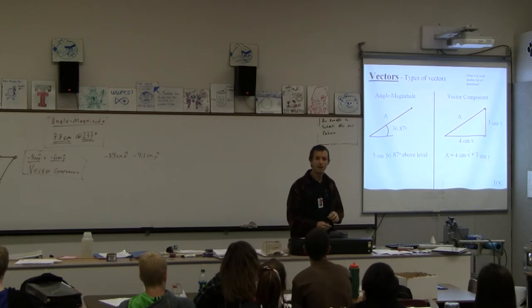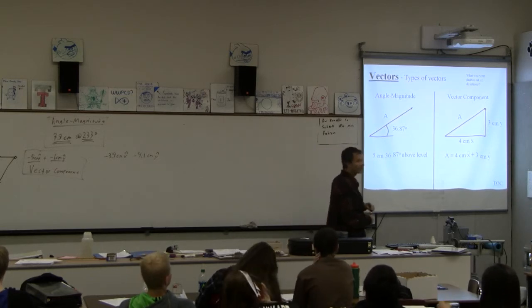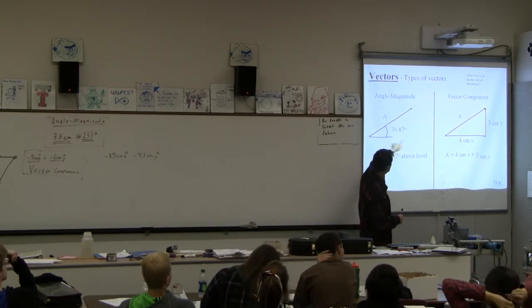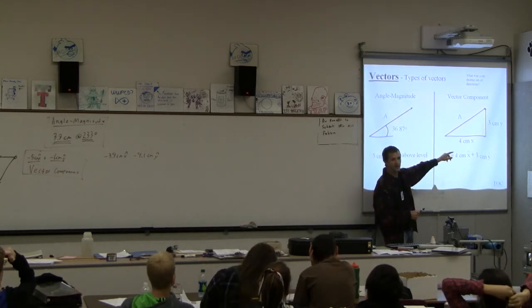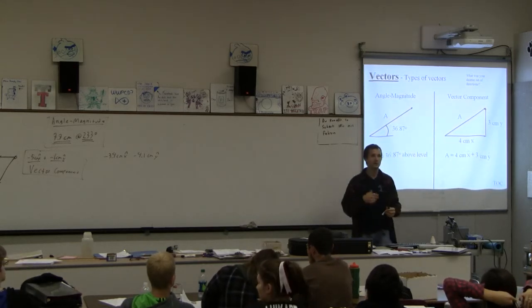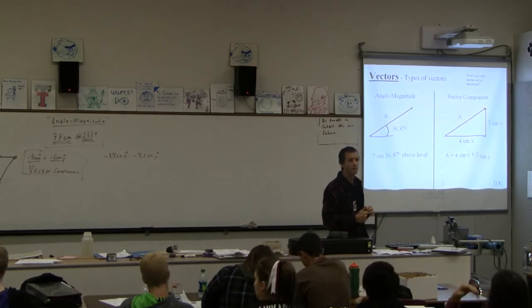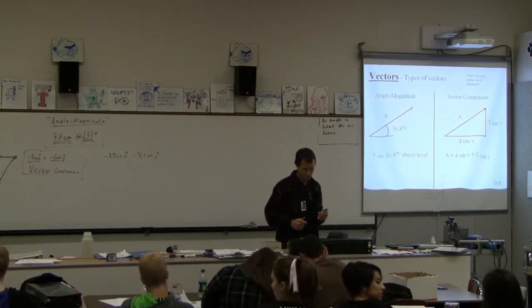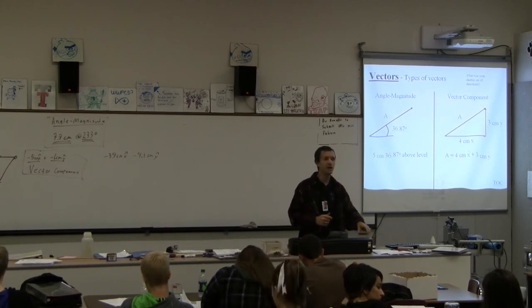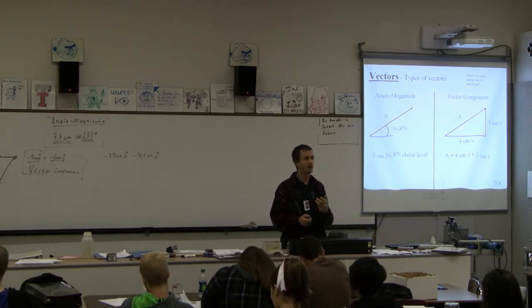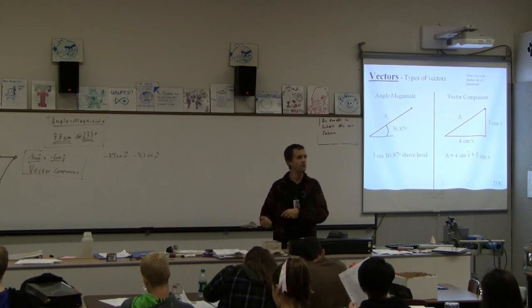What? Right, so I'm going to show you how to take this and make that, and then I'm going to show you how to take that and make this. Right, these are all skills that I haven't showed you yet, and that's why you don't get it. Yeah? On the vector sheet, are we matching up the angles? No. You are going to actually calculate those components. You're going to take your calculator, doing what I'm about to show you, yeah?